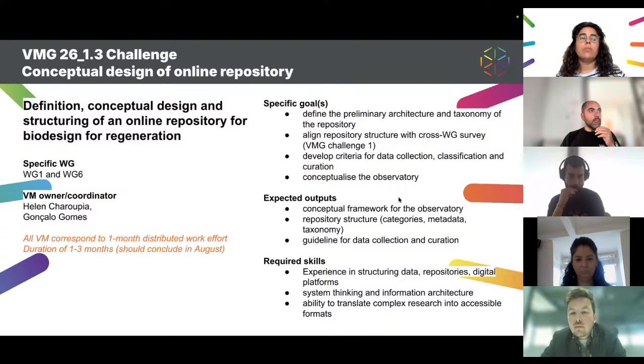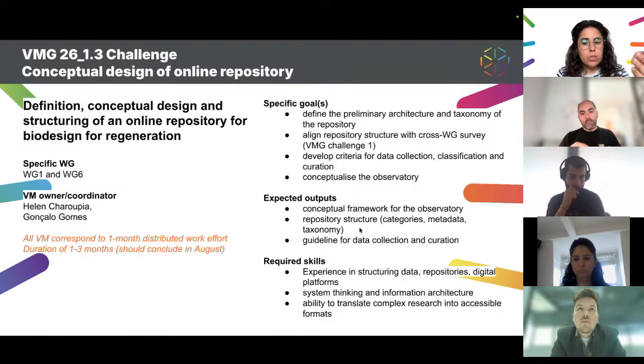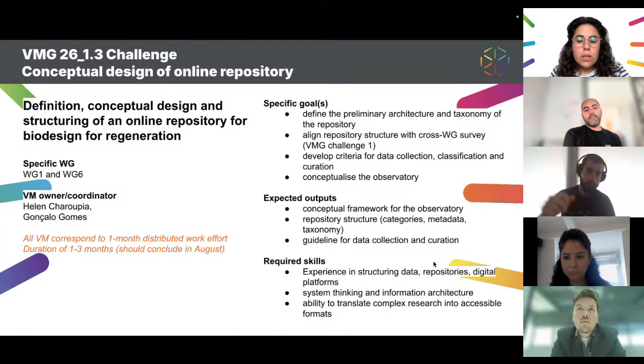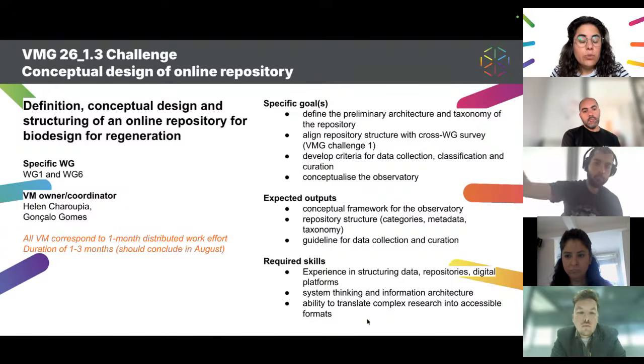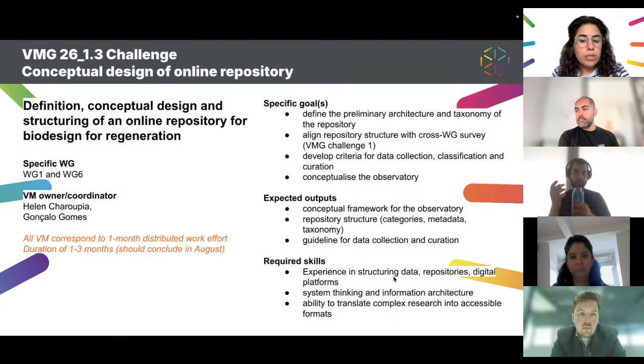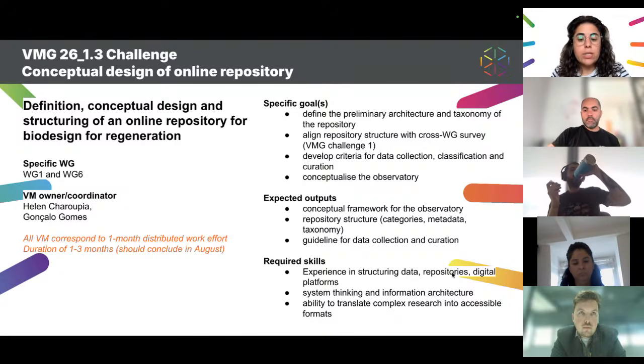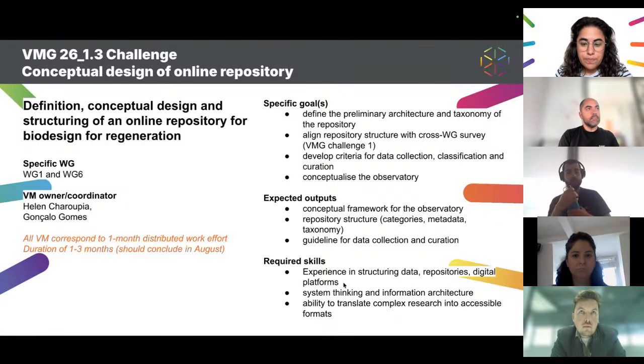So this is not an implementation phase, it's just to think about how this information makes sense to be presented online. So this is why we want a conceptual framework for the observatory, a repository structure, guidelines for data collection and curation. Here we do require some skills in structuring data, repositories, working with digital platforms.